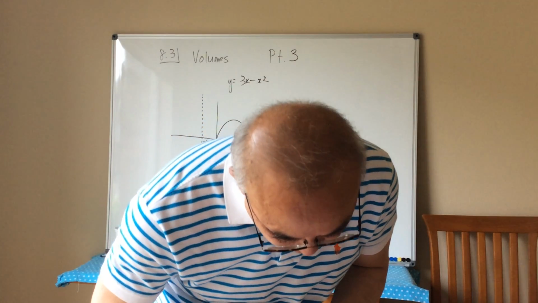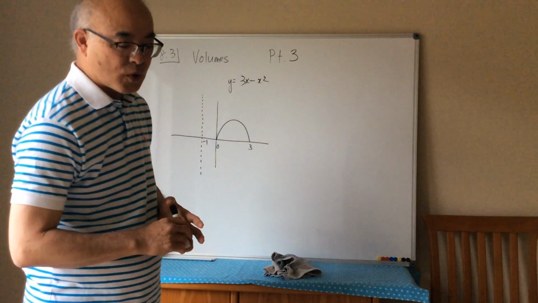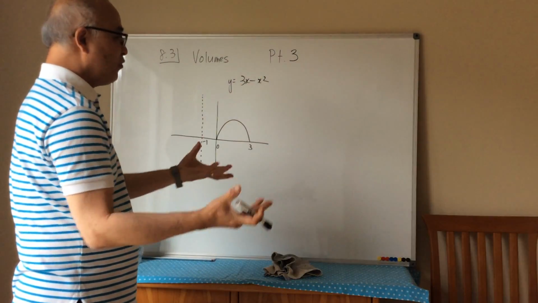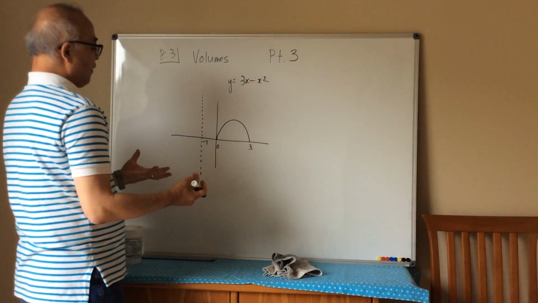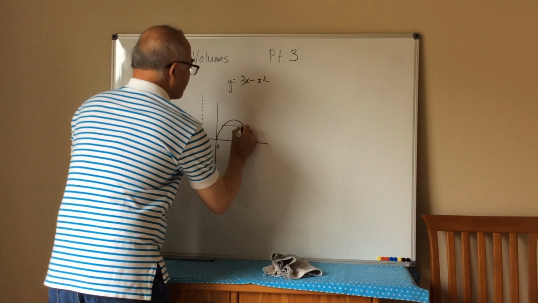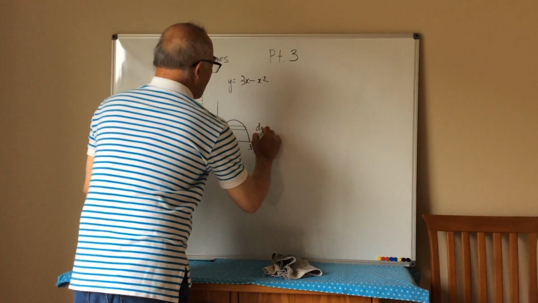If you look at page 410 on the left-hand side, there's figure 8.28 that shows you what it looks like once you rotate it. If we were to do the washer method, we would be doing dy here.